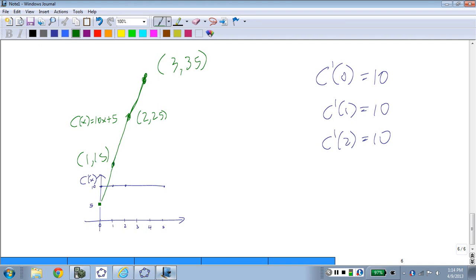But if we want to produce items 1 through 3, how much does that cost? Well, if we produce 3 items, it costs $35.